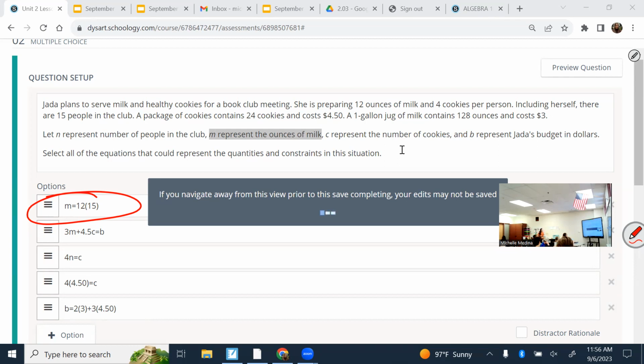All right, so raise your hand if you think we should times the 3 by the ounces of milk for the cost of the milk. Okay, raise your hand if you don't think we should. Okay, and why? What should we actually be multiplying the 3 by? I don't think there's a variable for it.